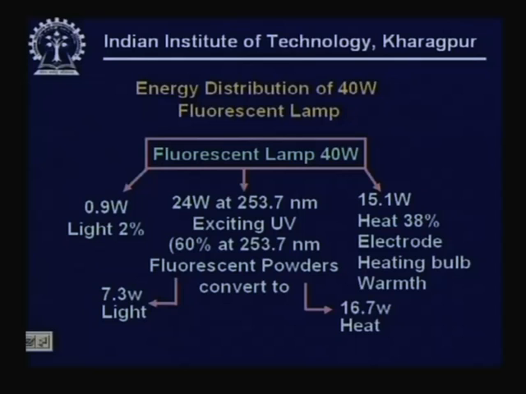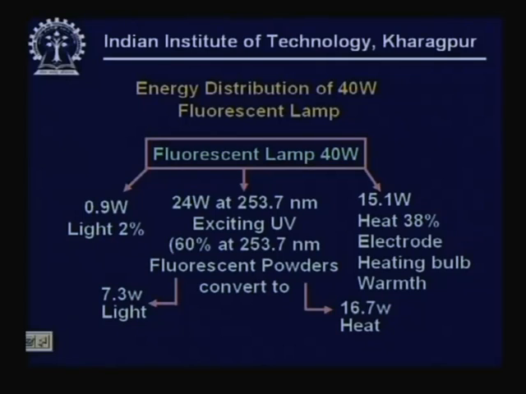We said we are using the low pressure mercury vapor lamp, which is allowed to have peak radiation around 253 nanometer wavelength, and so what does it mean? Around 60%. This is the beauty of this particular lamp.